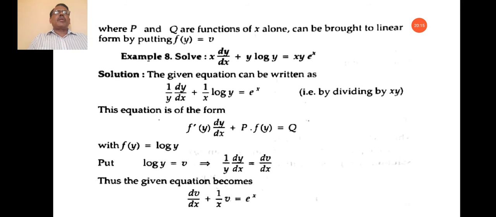So you take one problem: solve the differential equation x into dy by dx plus y into log x is equal to x into y into e power x. First you see that this equation is not in the format, so you divide the given equation by x into y.